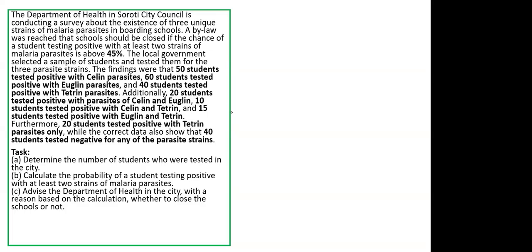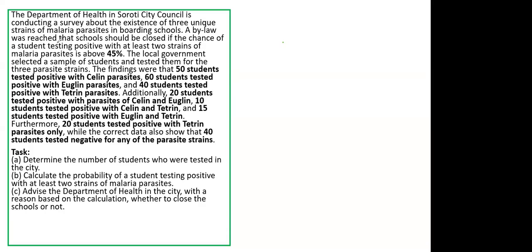We have said the first thing, whenever you are dealing with this, is to first define what you are using. So from this item, we are going to define what we are going to use. Number one, they have told us that the Department of Health in Sorority Council is conducting a survey about the existence of 3 unique strains of malaria parasites in boarding schools.